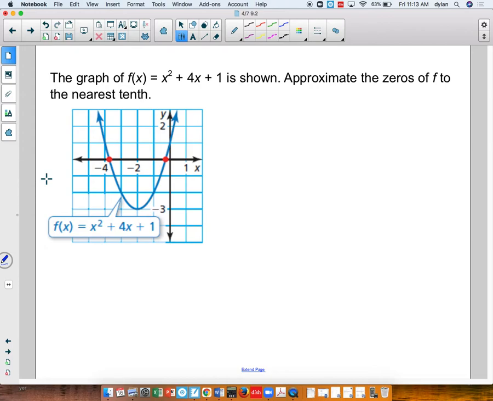What I want you to notice here is, look at this graph. For x squared plus 4x plus 1, our sum is 4 and our product is 1. There are definitely not two numbers that multiply to 1 but add to 4. So you would have said not factorable. But notice that this graph clearly has solutions because we've got two x-intercepts.